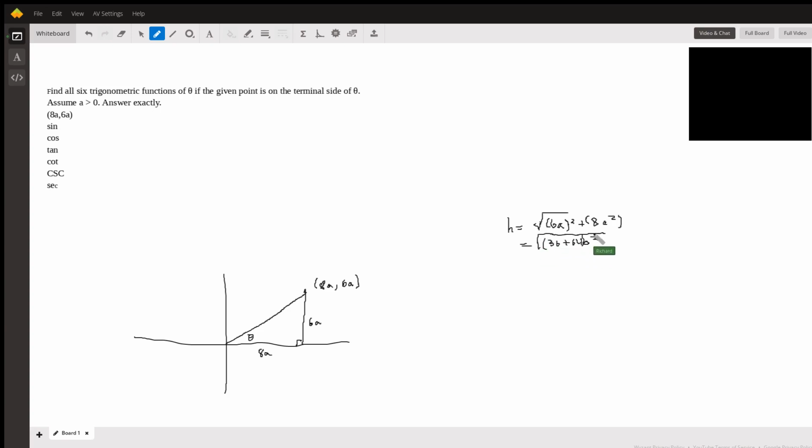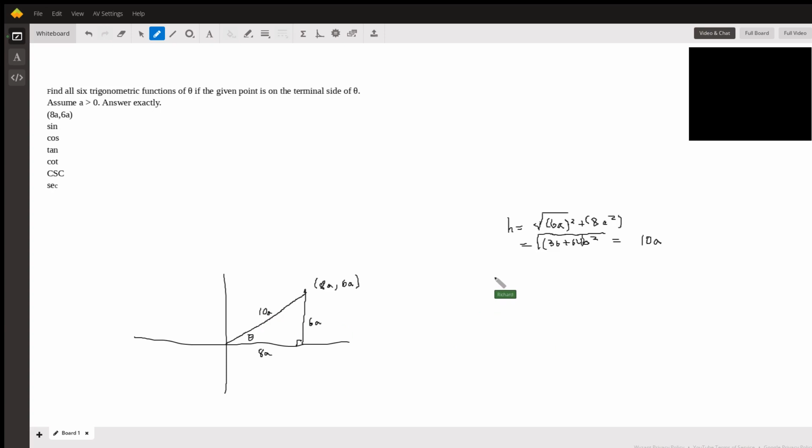Taking the square root of that, it's going to be 10a. You could have saved yourself a lot of trouble by realizing that this is a 3, 4, 5 right triangle, 3, 4, and we're putting in the 5 here, which is 10a. Or you could go through the steps of Pythagorean theorem.